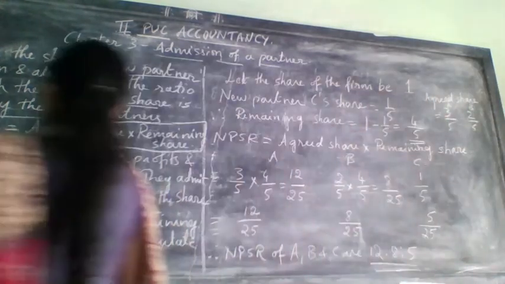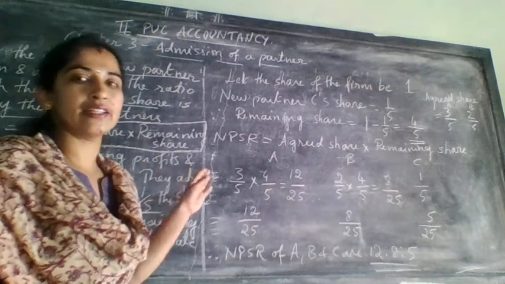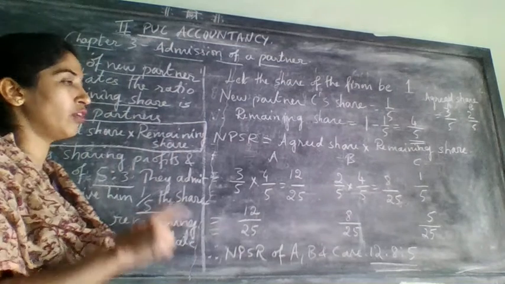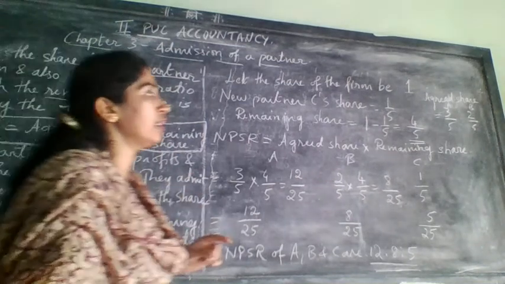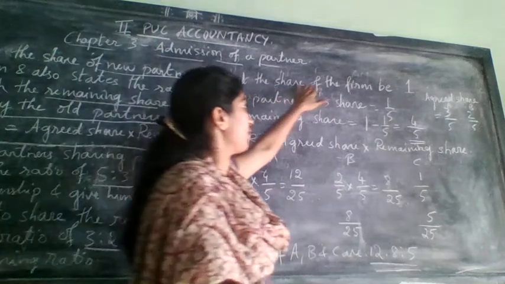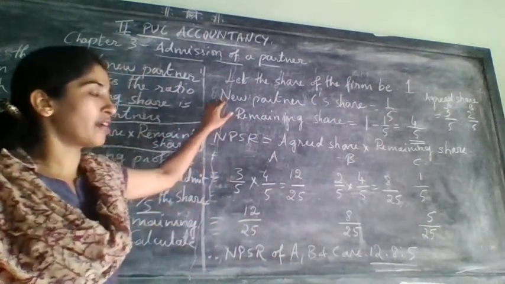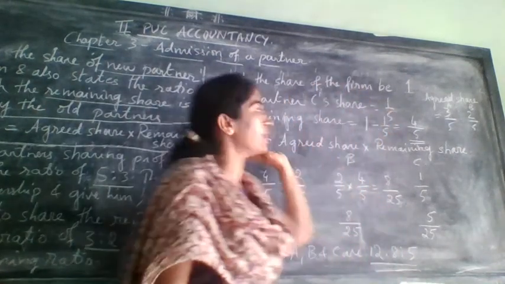Once again I will explain. First thing you need to write here: let the share of the firm be 1, because in 1 only they will divide among the partners. That's why the first sentence we write is, let the share of the firm be 1. New partner is C. C's share is 1/5. It is given in the problem.